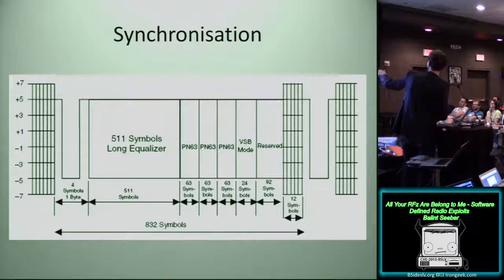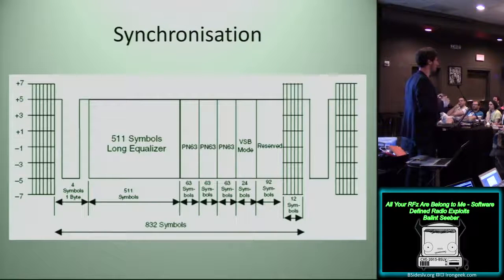there's going to be this long synchronization series of symbols that's used by the TV to assess the state of your channel. There is an equalizer in there, and that will be used to mitigate against multipath effects, because multipath basically means, as you'll see in a minute, you get lots of different versions of the signal arriving at different points in time, and that will degrade your signal because you're receiving the same thing, and they're all going to destructively interfere with one another.